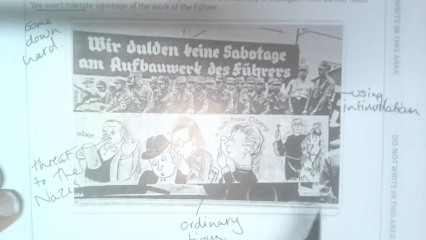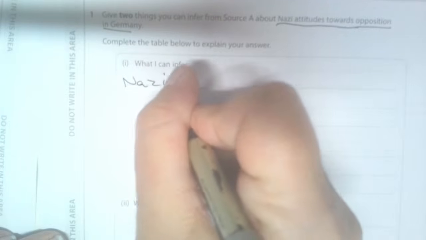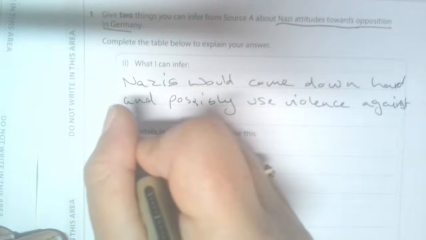Now we've picked out those details, we can take it a step further and start thinking about answering our question. So what can we infer? Well, we've said, for example, that the Nazis would come down hard and possibly use violence against 'saboteurs' of the state.